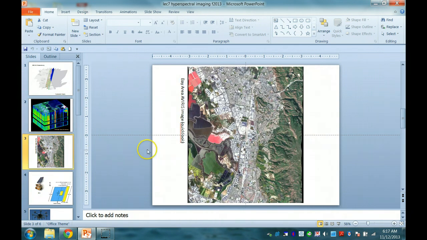And this is just an example again of an AVIRIS data cube that comes from the AVIRIS sensor, I'm not sure exactly how it's pronounced, that is flown regularly on high-altitude aircraft out of California.